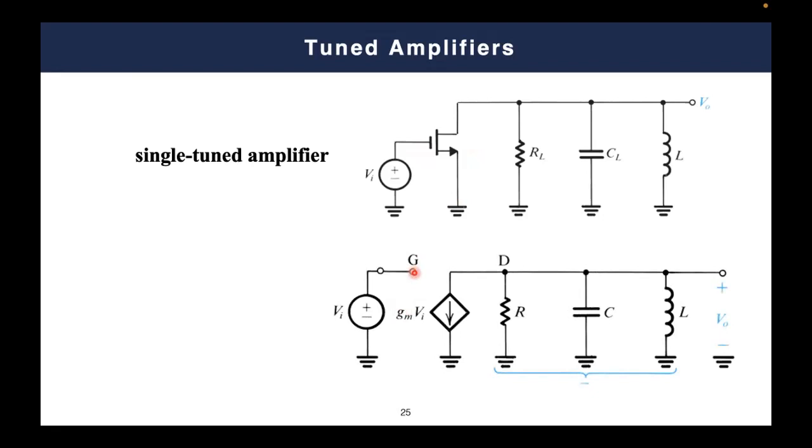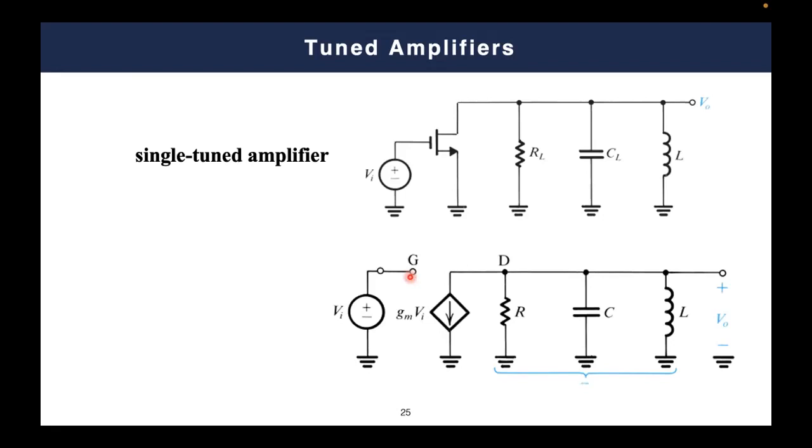So we are modeling the impact of the transistor by using this voltage-controlled current source with a factor called gm. And gm, if you remember, was calculated using the DC analysis parameters. And this gm is multiplied by the input voltage, which is typically VGS. Of course, VGS and the input voltage are here the same because your voltage is connected between the gate and the ground, and your source is grounded.